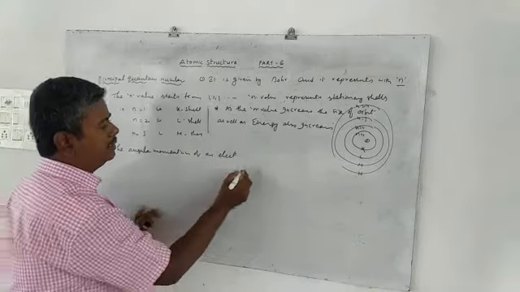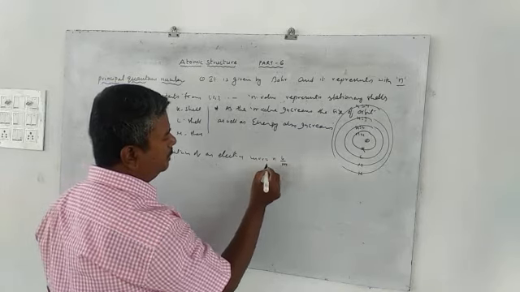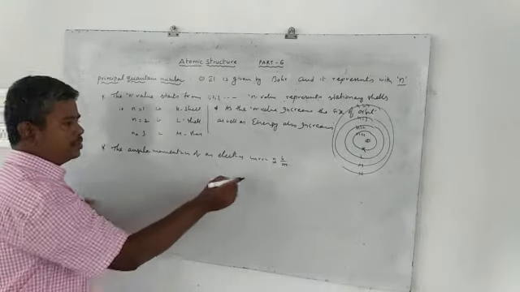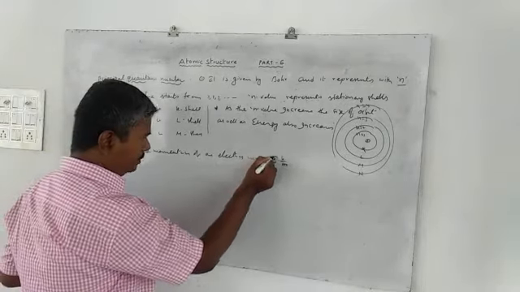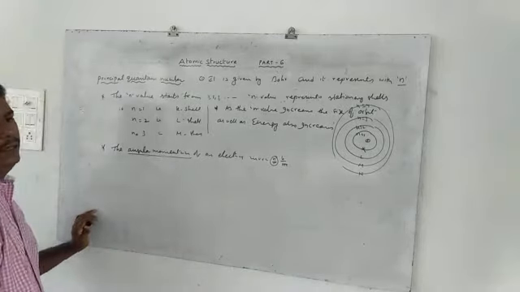You know that already, mv equal to nh by 2 pi. Here n is called as which one? Principal quantum number. So from the principal quantum number we can also calculate the angular momentum of an electron.